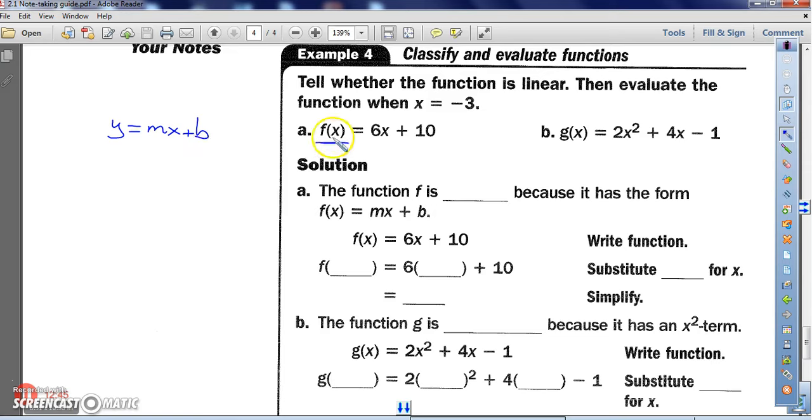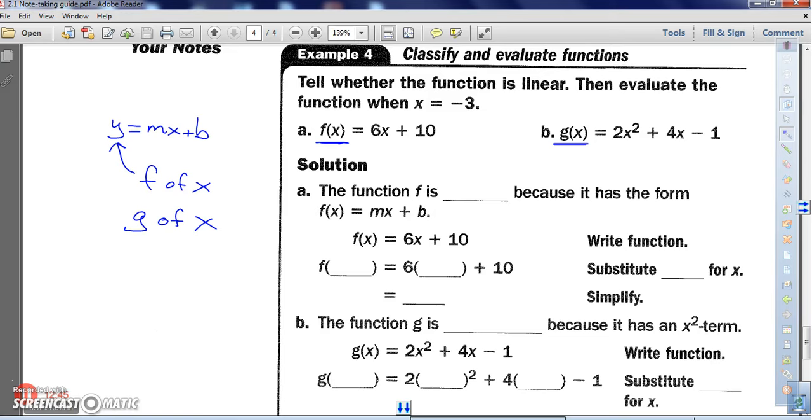That notation, that f and then an x in parentheses, we say f of x. That's how we read that. And the g and the x there in parentheses, that's g of x. Now f of x and g of x, each one of those is called function notation, but that's just another name for the y in the problem. So when the relation is a function, we use function notation to do that.